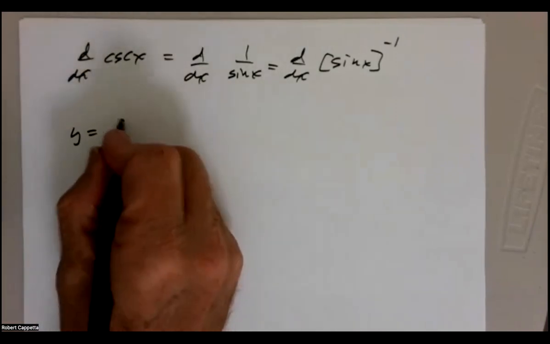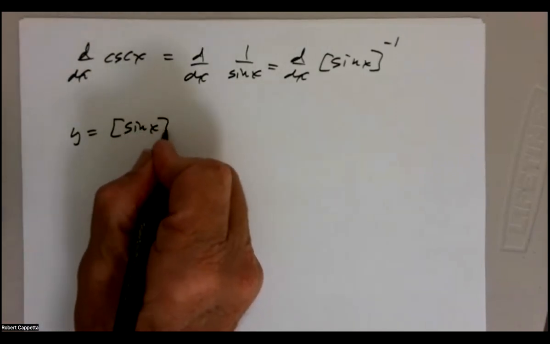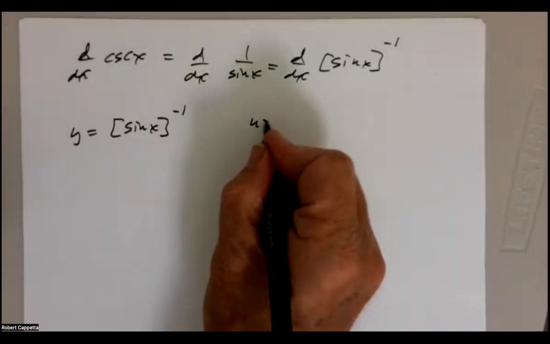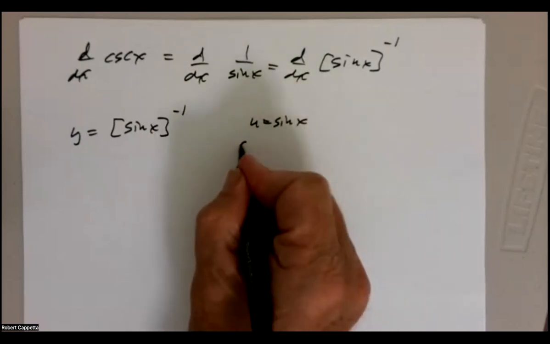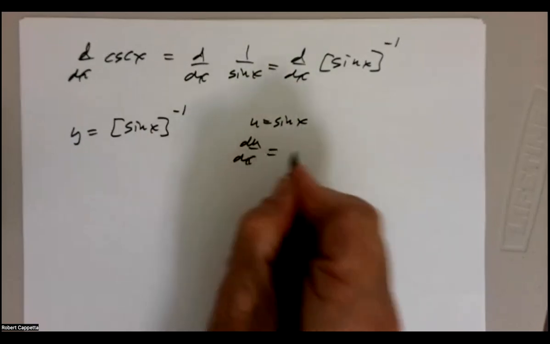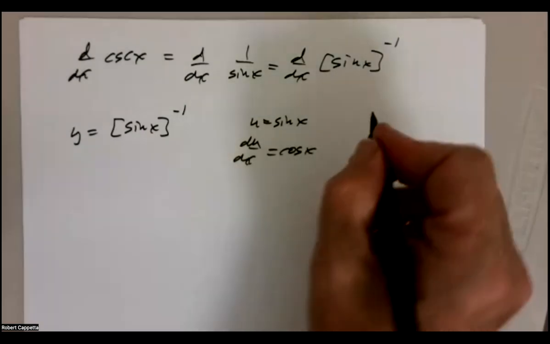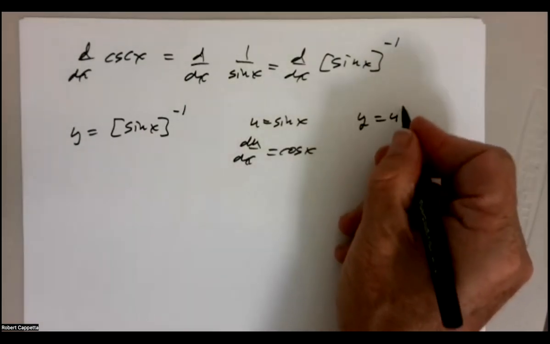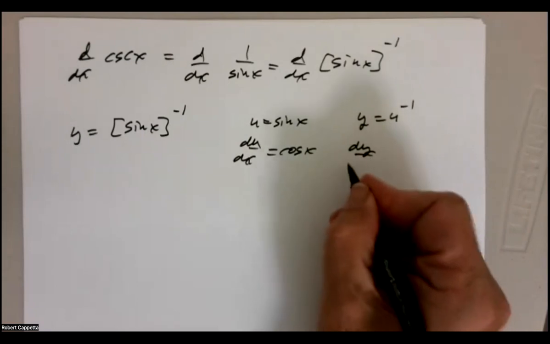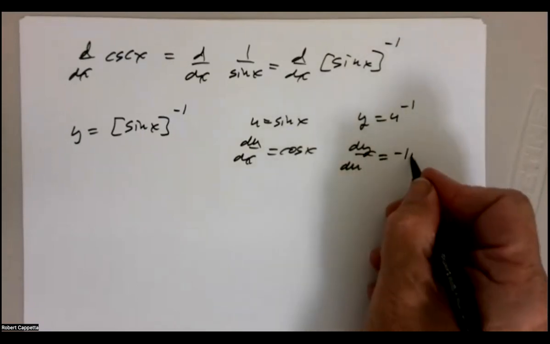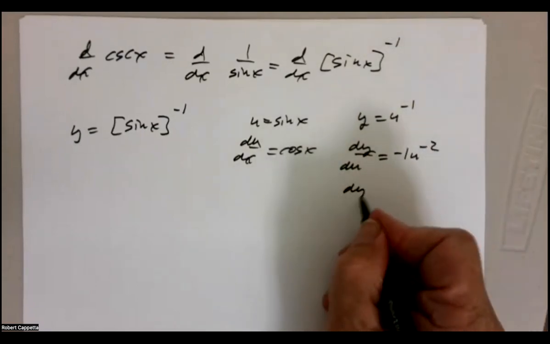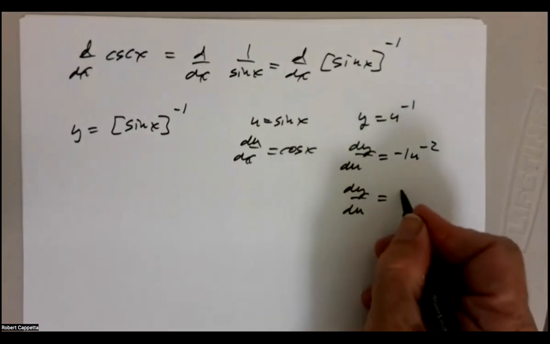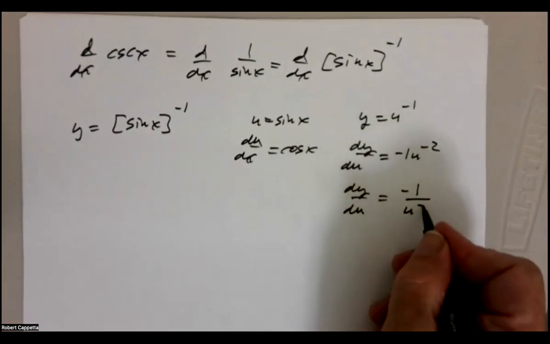Let's say y is sine x to the -1. u is sine x. So du/dx, the derivative of sine x, is cos x. y is u to the -1, so dy/du is -1 u to the -2. dy/du is -1 over u squared.